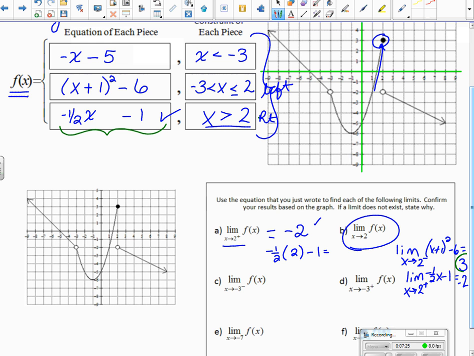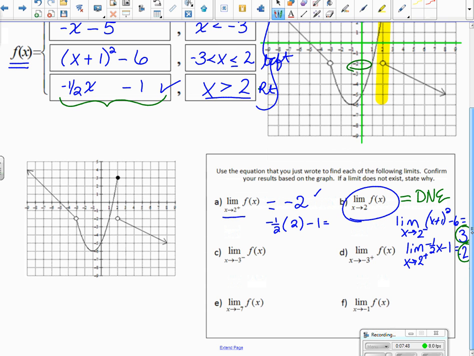From the left we had a 3, from the right we had a negative 2. They disagree, and therefore the limit does not exist at 2. It's quite easy to see if we look at the graphical picture. At 2, from the left side we're at a height of 3, and from the right side we are at a height of negative 2, and obviously the limit doesn't exist then.